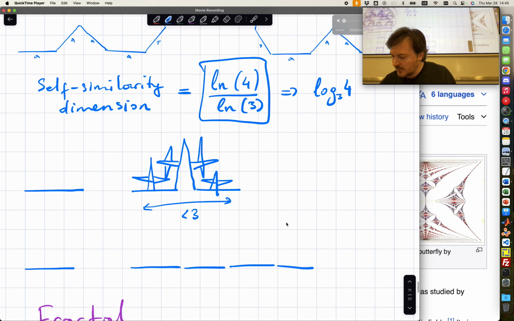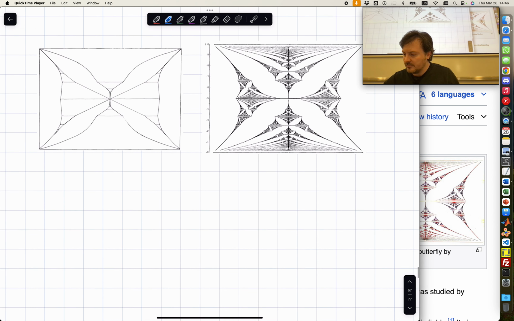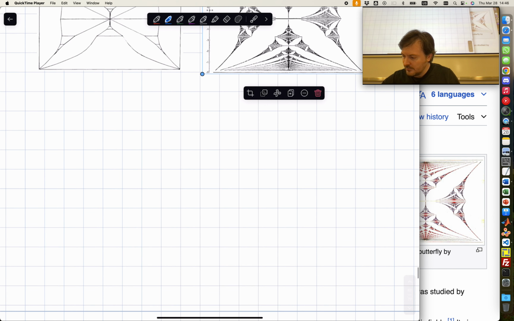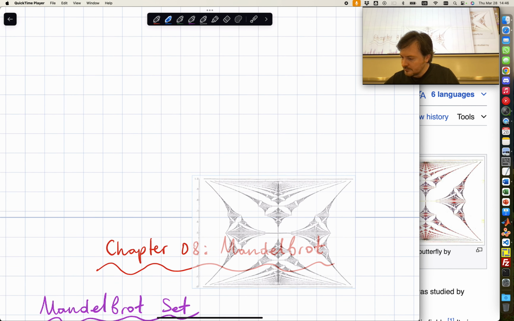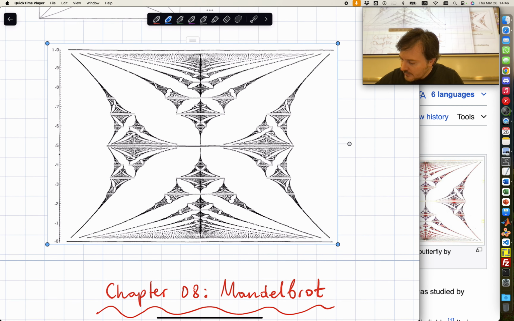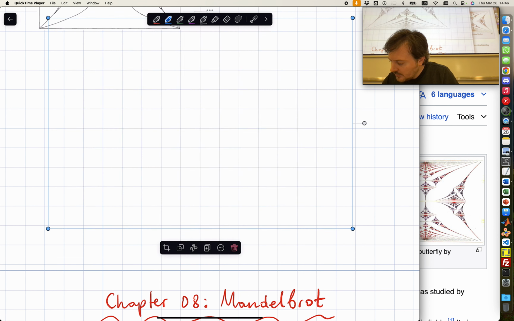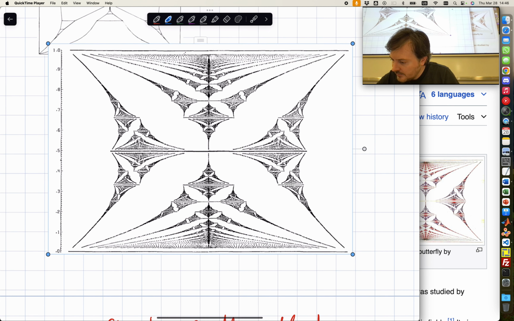I had it somewhere here. This is from Hofstadter's book. So this is Hofstadter's butterfly. What is it? Surprise, surprise.